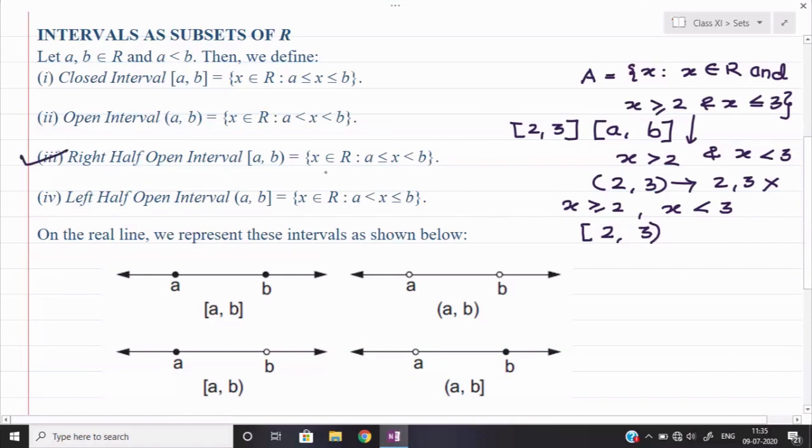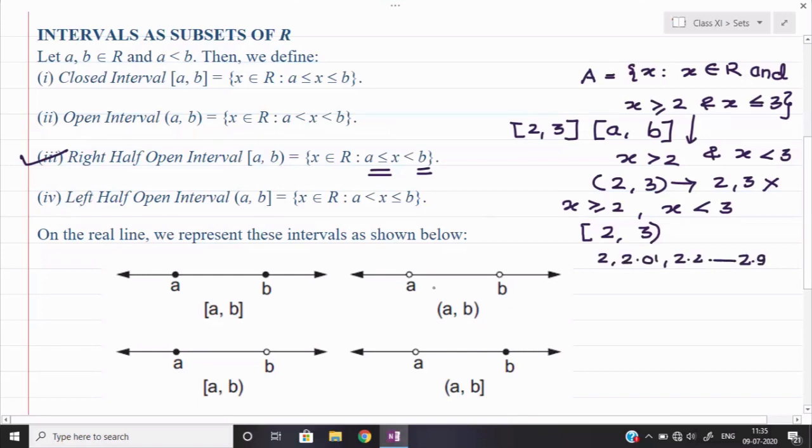They are saying the value of x is more than or equal to a and x is less than b. In that case, since it is more than or equal to a, on a it is coming closed, and since it is less than b, not equal to it, we are getting the open interval on b. It means it will include the value 2, then 2.01, 2.2, 2.3, and so on till 2.9, 2.99, but 3 will not be there.